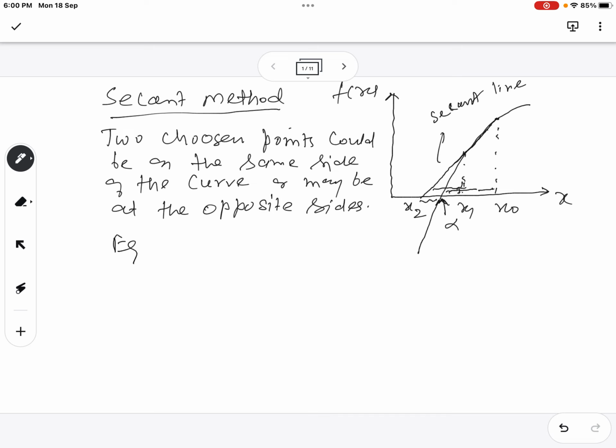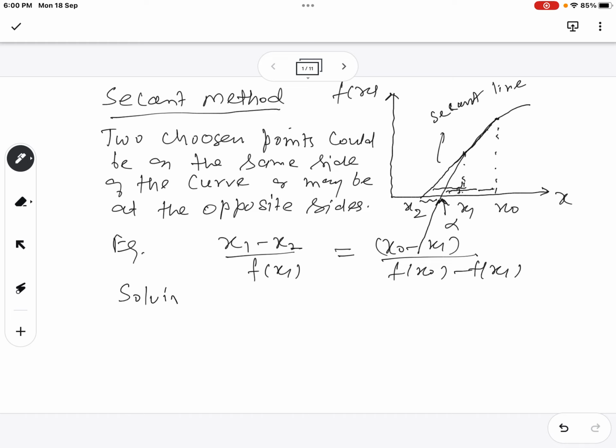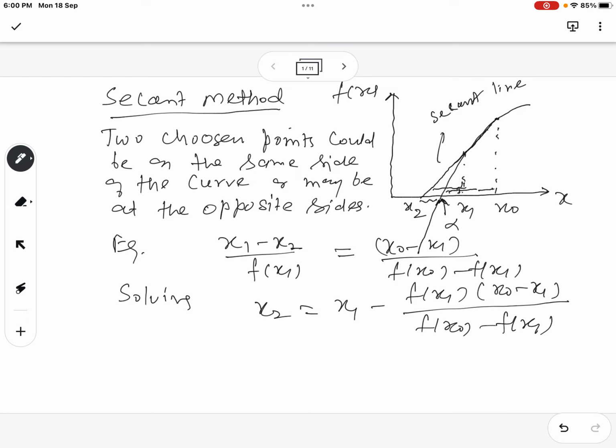The equation for the secant may be written as (x1 minus x2) divided by f(x1) equals (x0 minus x1) by (f(x0) minus f(x1)), and solving this equation we get x2 equals x1 minus f(x1)(x0 minus x1) by (f(x0) minus f(x1)).